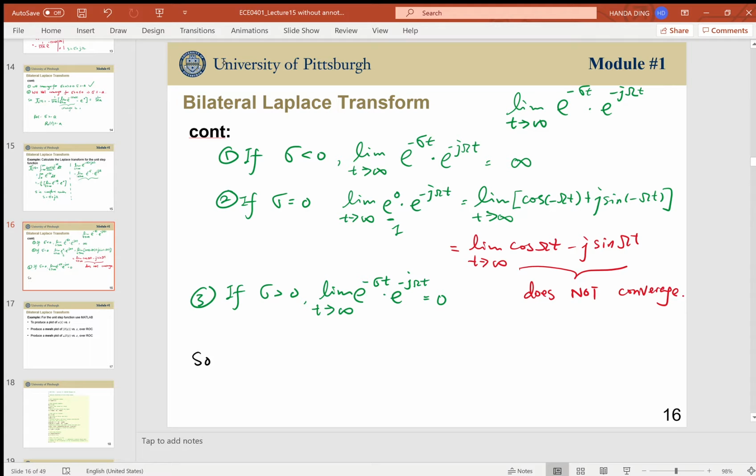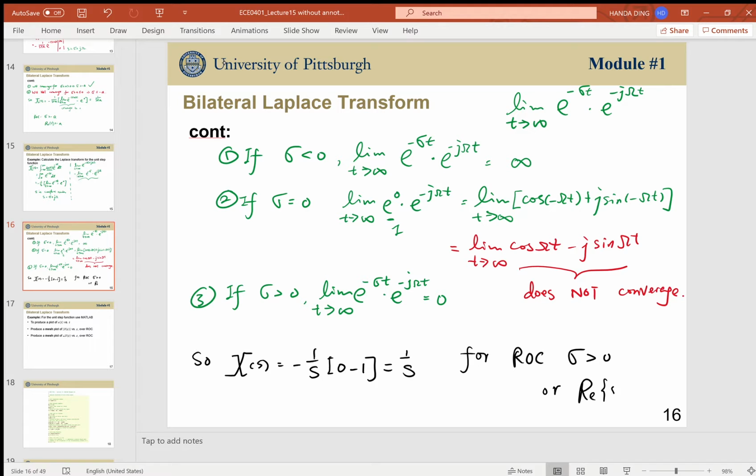So, conclusion, our Laplace transform is nothing more than 1 over s, times 0 minus 1. And I believe you got the correct answer, right? 1 over s. And don't forget to mention your ROC in your exam. For the ROC, sigma bigger than 0, or you can write it this way, the real part of your s is bigger than 0.